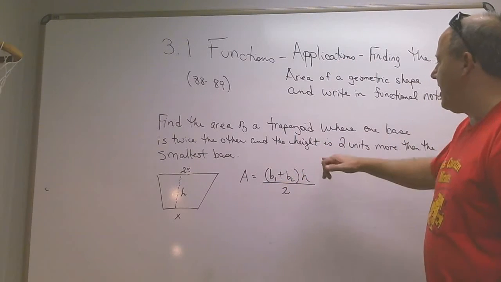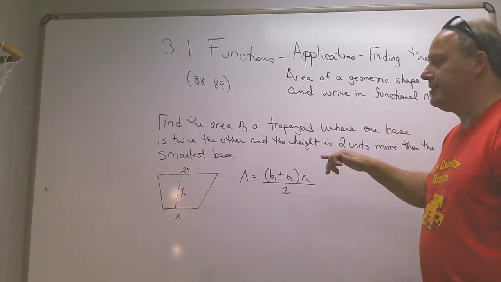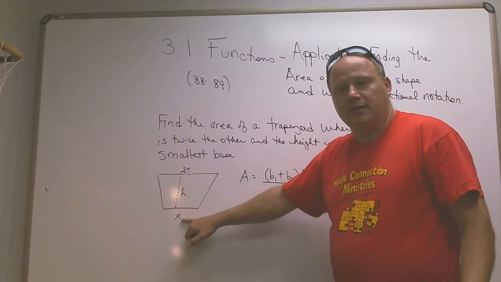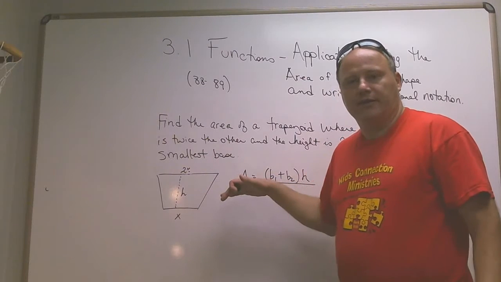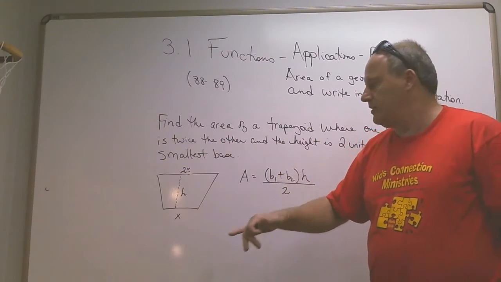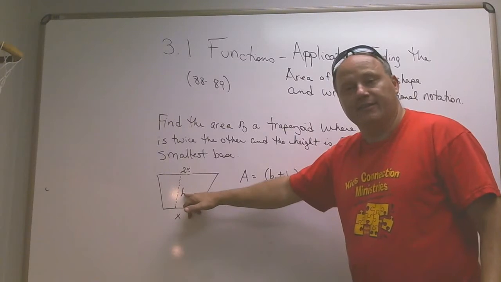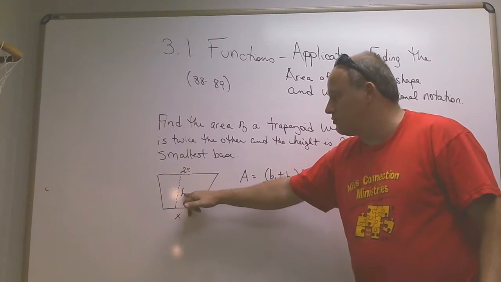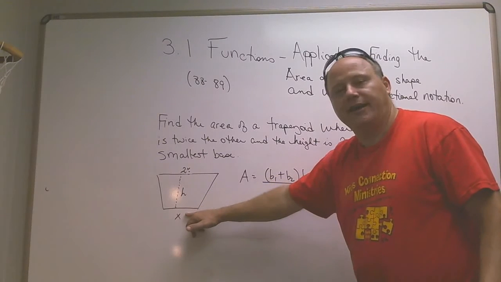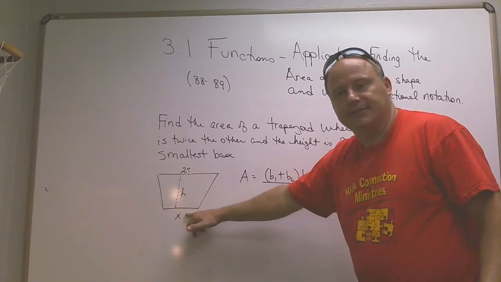Now it says the height is 2 units more than the smallest base. If the smallest base is x, and the height is 2 more than that, what do you think that is? If this one was 5, this one would be 7. If this one was 12, this one would be 14, because it's 2 more. So whatever this is, the height is x plus 2.